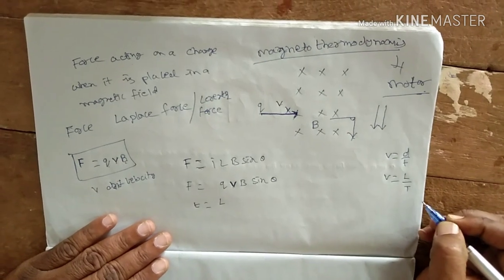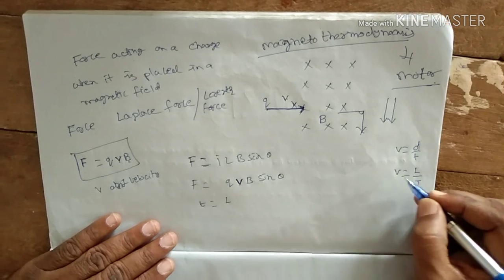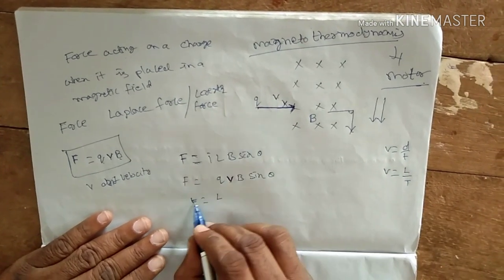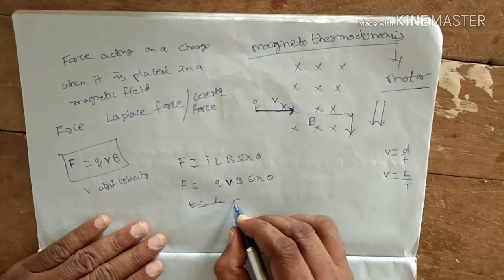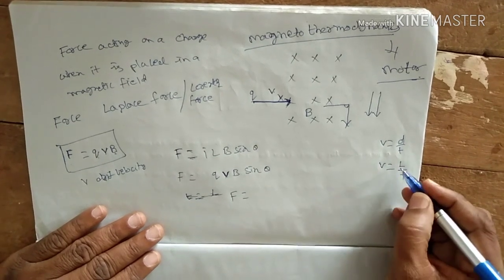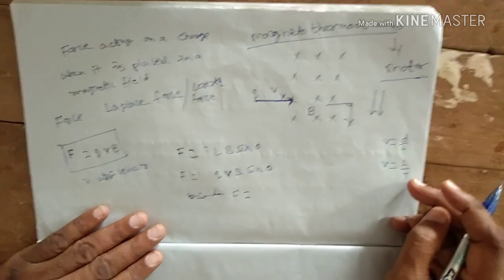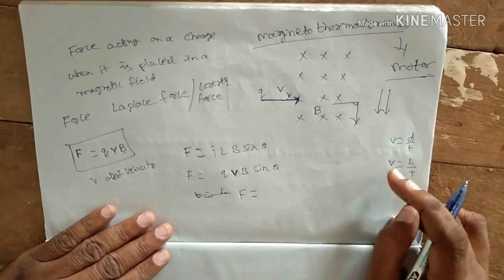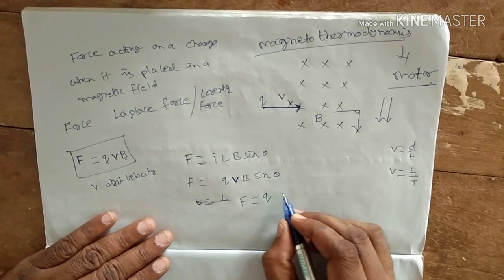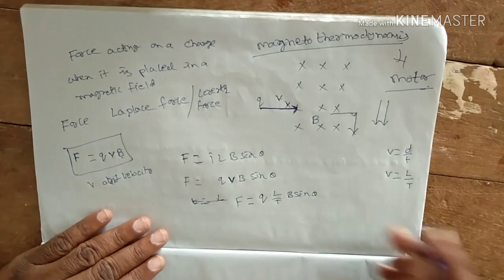So V is equal to L by T. Instead of V, we will write L by T here, in a unit time T, what is the velocity of the charge? Instead of V, let me write V is equal to L by T, B sin theta.